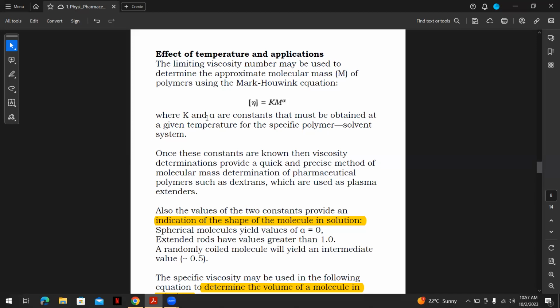But note that the values of K and A are obtained at a given temperature. If you have the values of K and A and you've extrapolated, you can get the molecular mass. Simple as that.